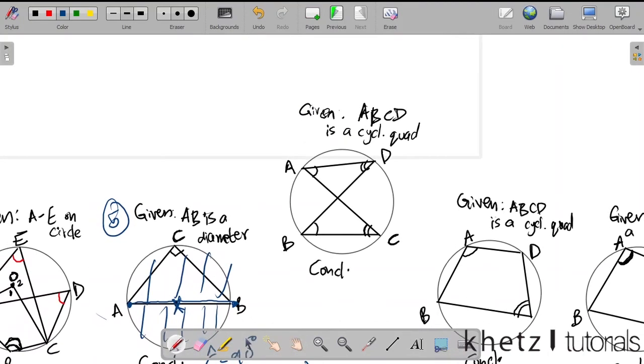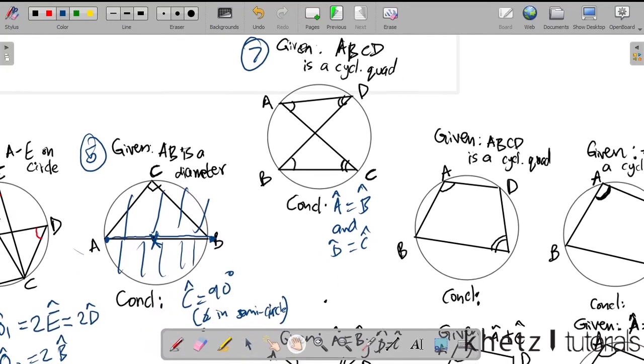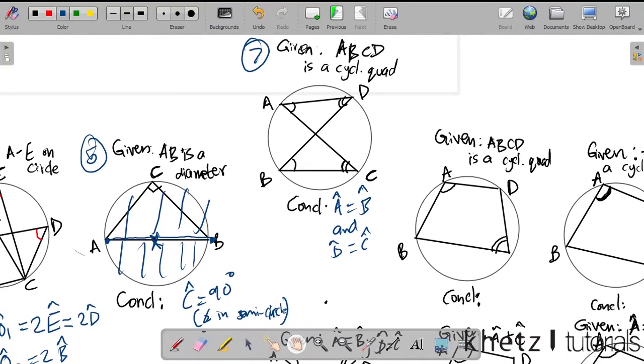We are given that ABCD is a cyclic quadrilateral, and the conclusion that we can make is that A is equal to B, and we can also conclude that D is equal to C, and the reason for that would be angles in same segment.